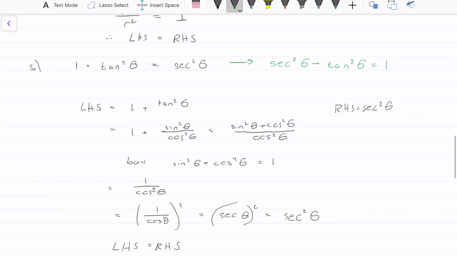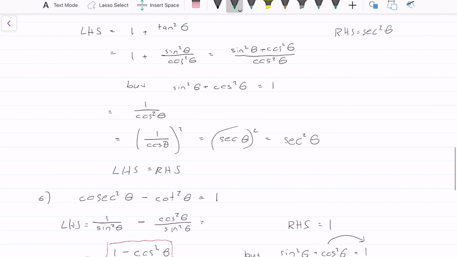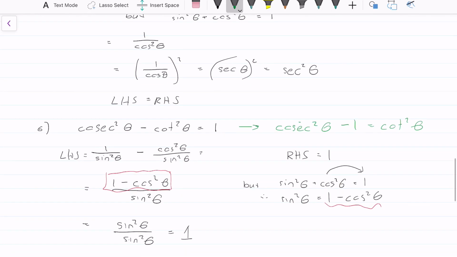And this one can be written as cosec squared theta minus 1 equals cot squared theta. So we're able to write these identities in different ways.